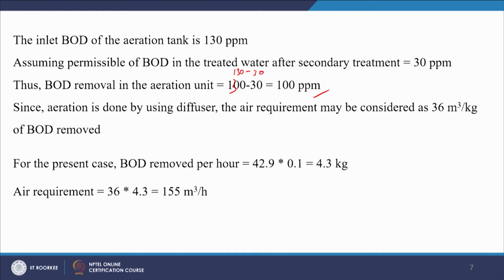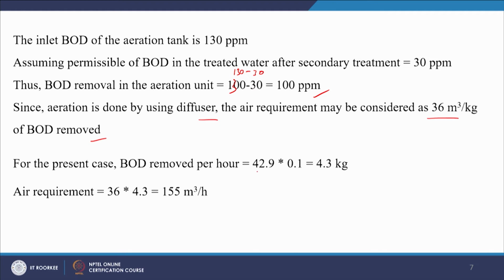Now, since the aeration is done by using a diffuser, the air requirement may be considered as 36 meter cube per kg of BOD removed. This value we are assuming, this is given in some reference. In this case, only the condensate water is treated in this aeration unit, not the blow down water.